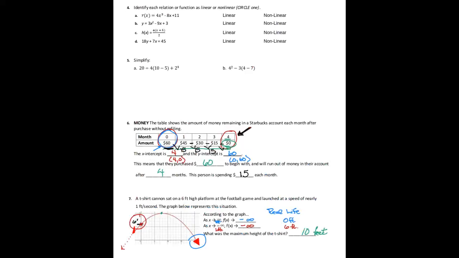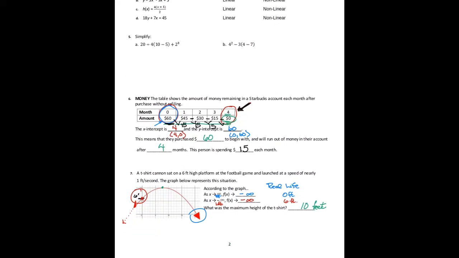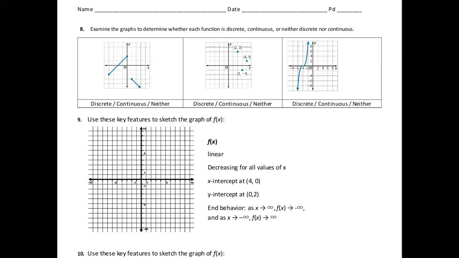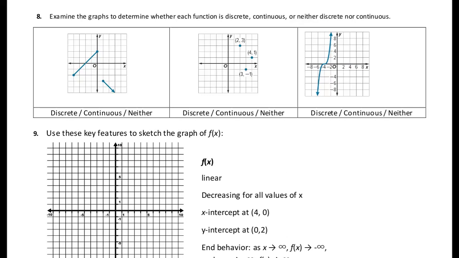All right. Well, we're not done yet. What else do you need help with? How about number 8? Is this discrete, continuous, or neither for that first graph? What is it?